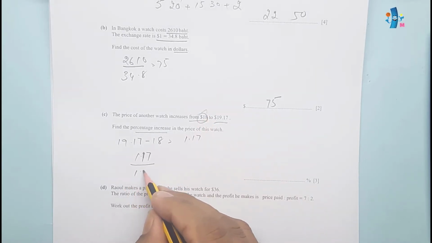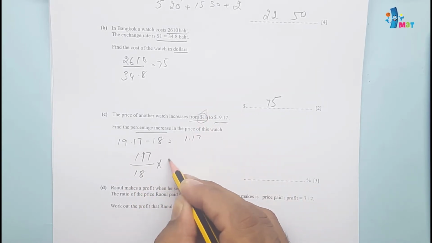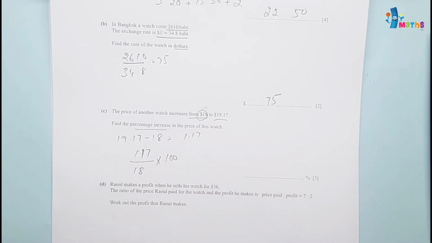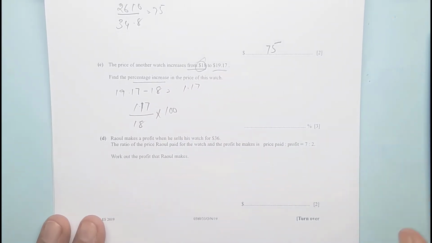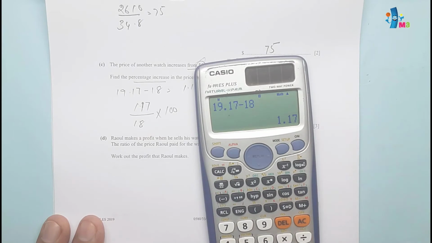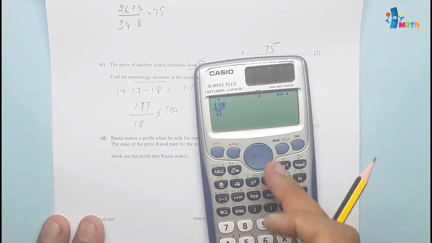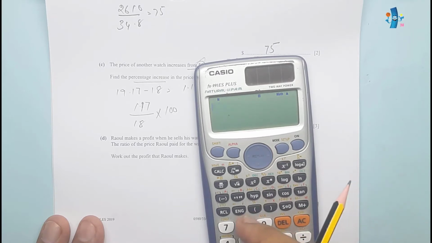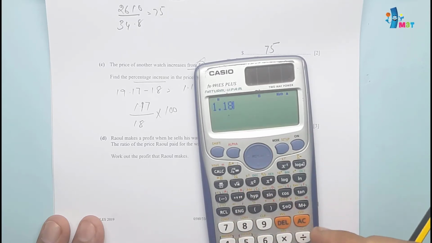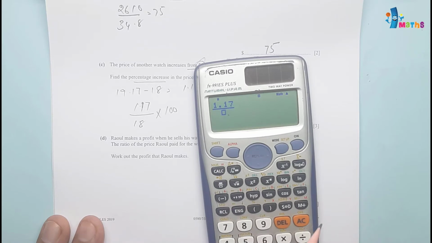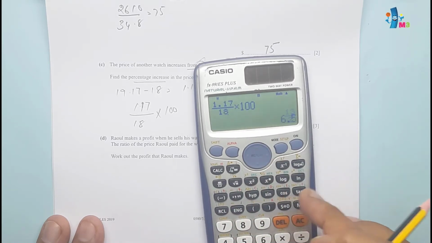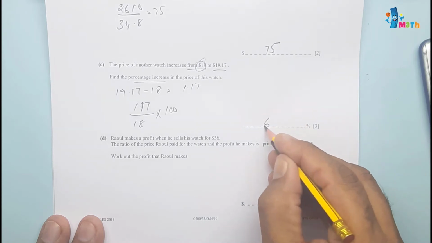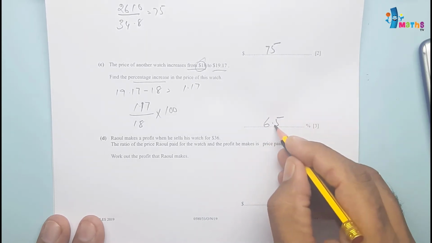On this price, which is 18, and for percentage calculation we'll be multiplying by 100. This will be equal to 1.17 divided by 18 multiplied by 100. This will be equal to 6.5. 6.5 will be our answer.